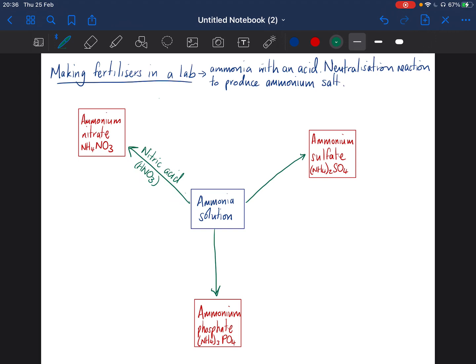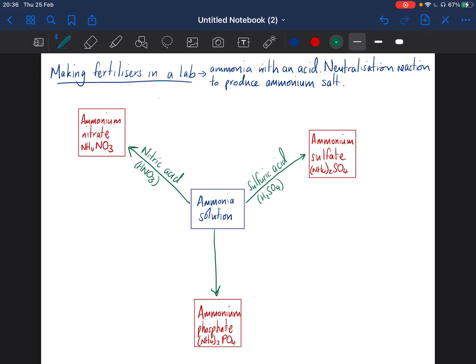The NH4 is the ammonium ion, okay? So that's what that one's producing. If we were to react ammonia with sulfuric acid, which is H2SO4, you would produce ammonium sulfate, which has two ammonium ions bonded to our sulfate ion, which is the SO4.